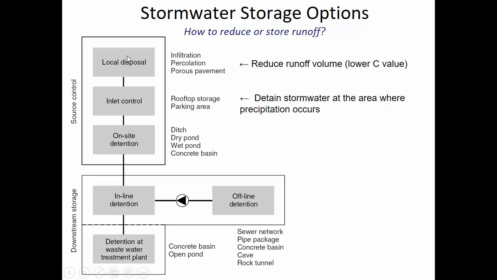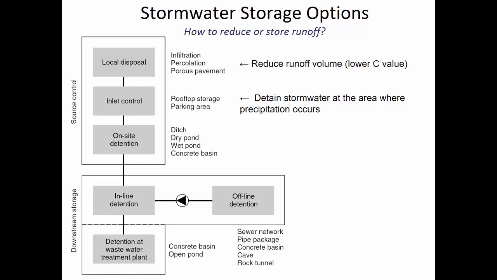In the case of inlet control, you're trying to keep the water close to the place where it was generated. And so rather than having one big pond downstream some distance, you're trying to have lots of little ponds, maybe storage under each individual parking lot, for instance. And so that's inlet control, storage right as it runs off from an area.